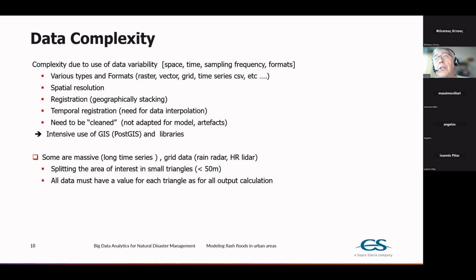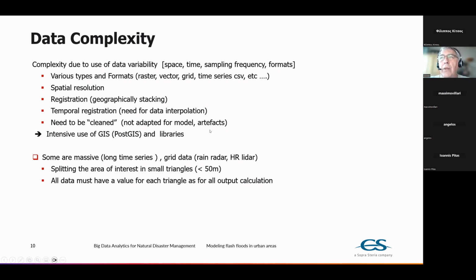Then there is the temporal registration, because sometimes you have a series that is not exactly on the same timing as another type of data. So you have to shift this data to be able to compare the data at one place at one time, and be sure that you are not mixing different things. Of course, you have some cleaning, because the data are not adapted for the model, like always in data management.